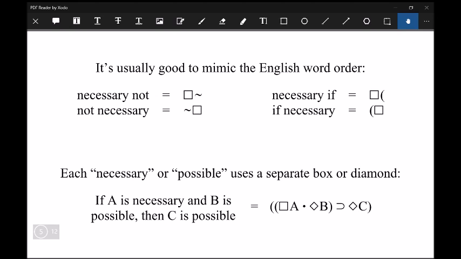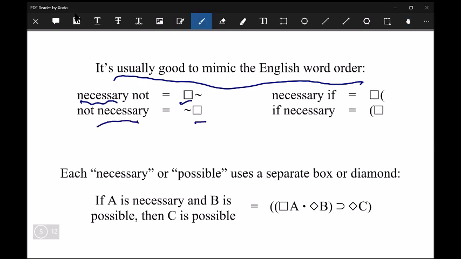One general rule is that when you go from English to logic, it's usually good to mimic the English word order. So if you say necessary not, the box is first. Necessary, squiggle. If you say not necessary, then the necessary is second. It's kind of like with propositional logic.